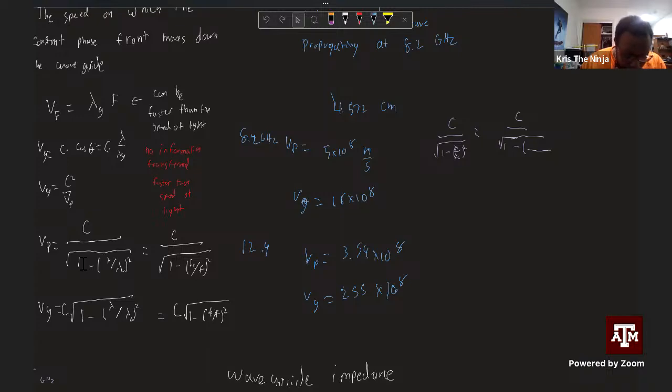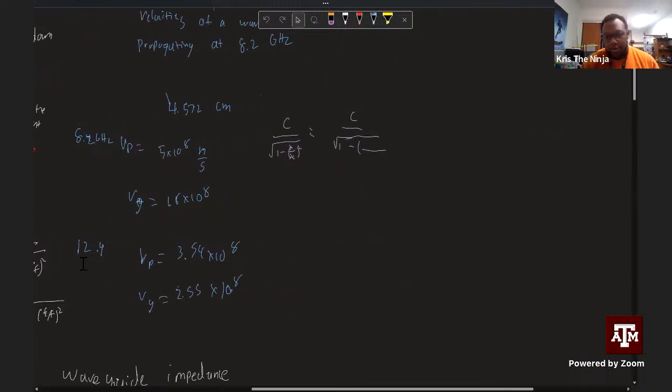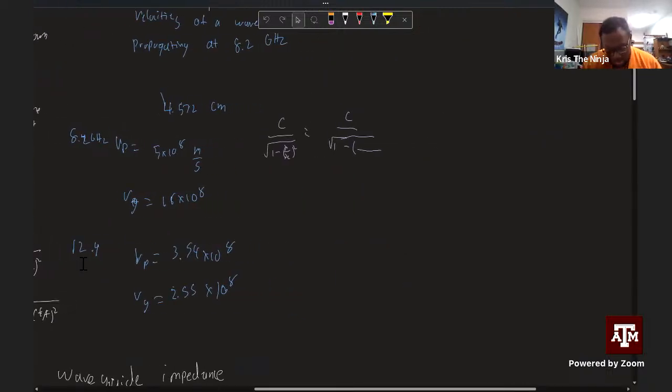I need 36.59 centimeters. Okay. And that's divided by 45.6 centimeters, and that value squared. Okay, so now that we have the right values, we can do that's not right.